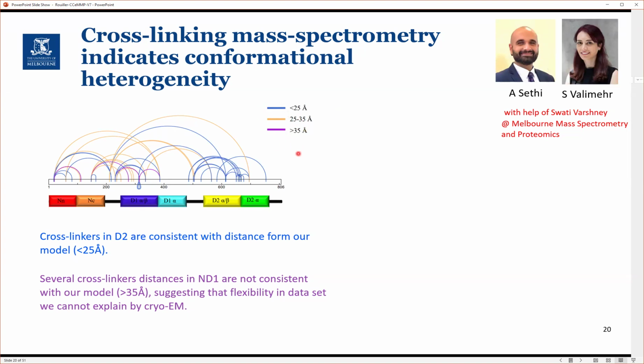However, they also observed crosslinks between residues that are very far apart from one another, higher than 25 angstrom, some really higher than 35 angstrom in the 3D structure. That indicates to us that there is some flexibility in the data set that cannot be explained by the cryo-EM structure at the moment.